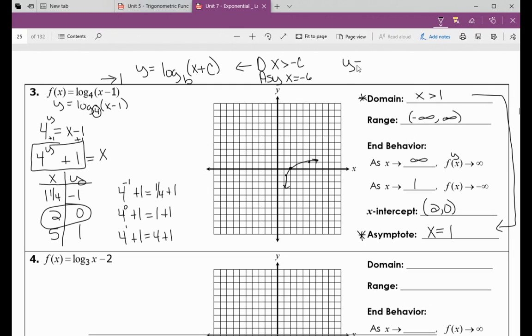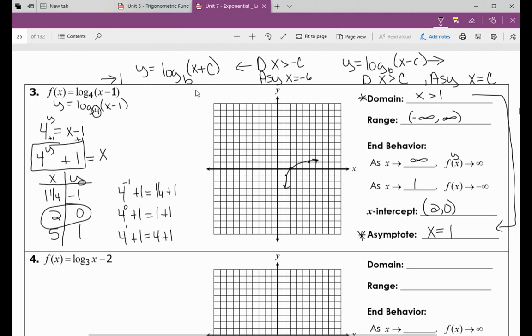If you have y equals log base b of (x minus c), that's going to move you to the right. So your domain would be x is greater than your c value, and your asymptote would be x equals whatever your c value is.